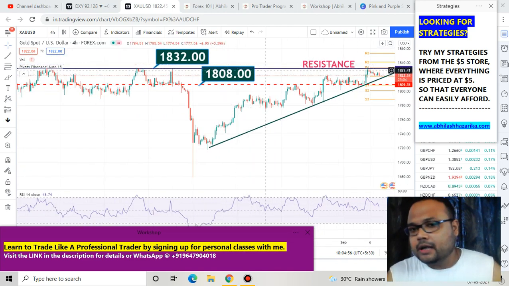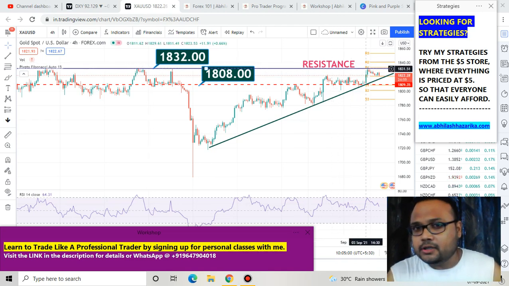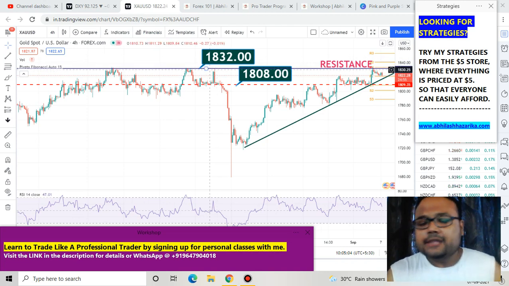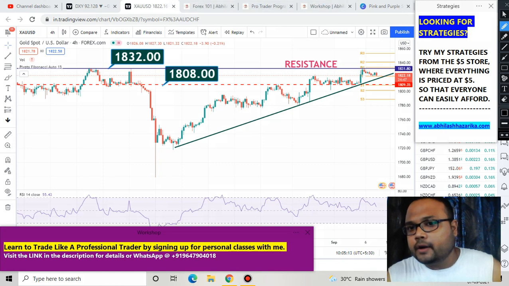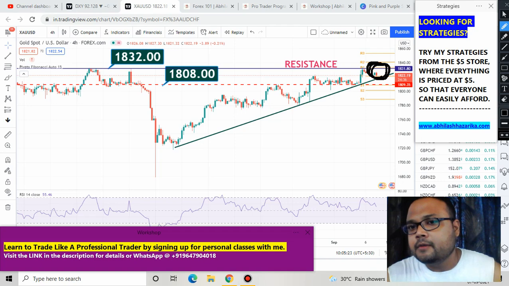On Friday, whenever the market was in an uptrend, you can see that it failed to cross this level, and the 1832 level has been acting as a resistance for quite some time. So 1832 is a valid resistance, and even if you buy here at the support, you will face resistance after just a couple of minutes, because this is a very narrow space. If you buy here, you will immediately face the resistance.